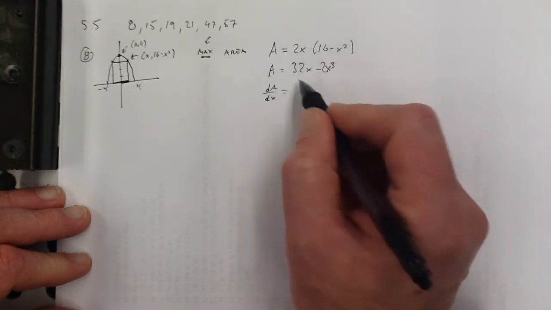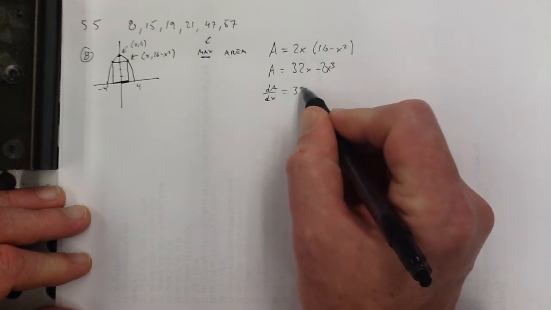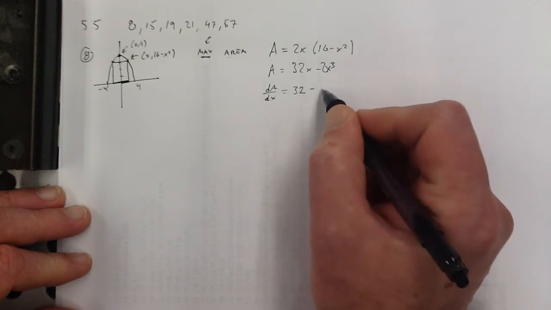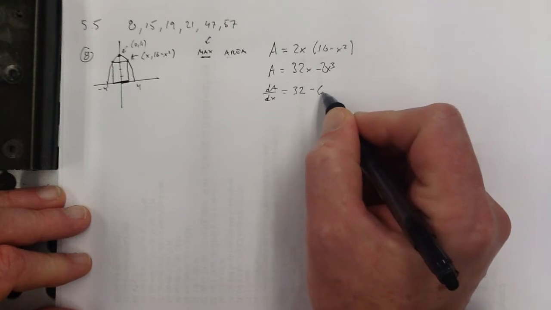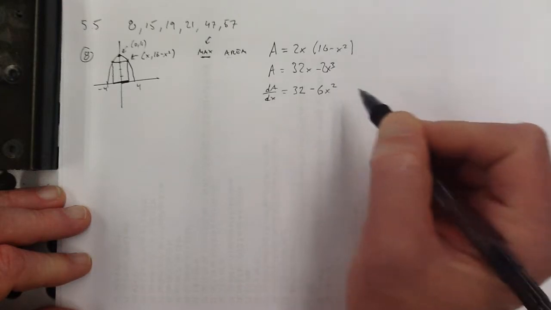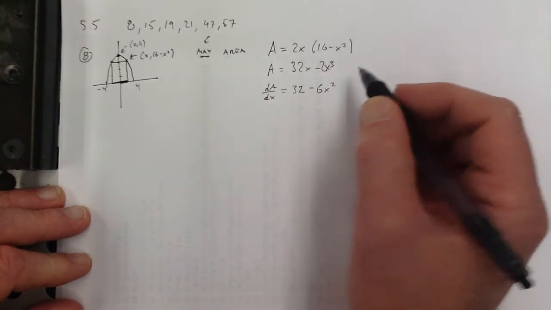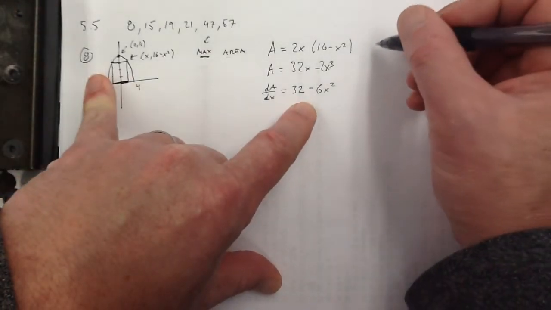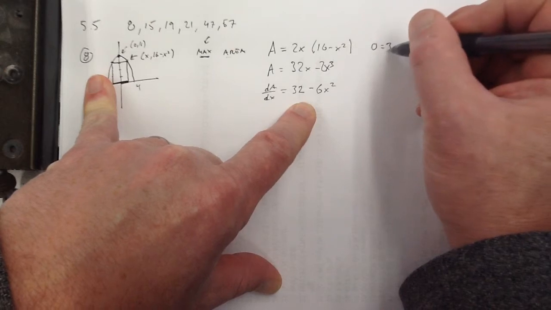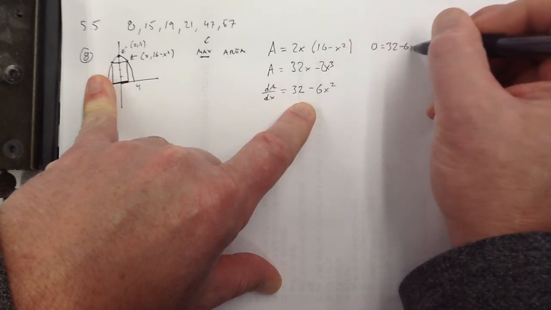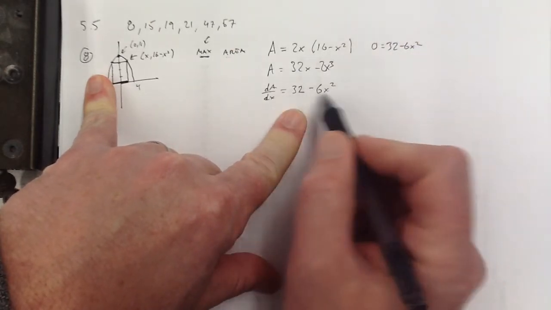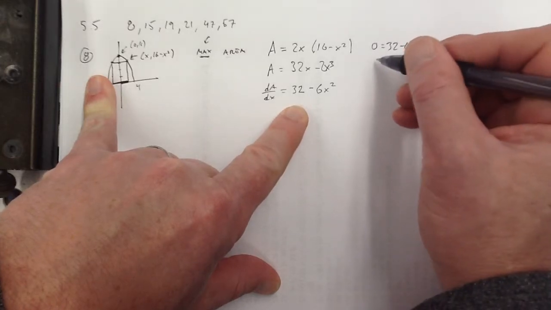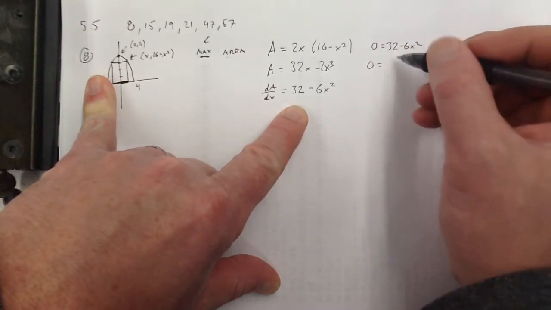And I'm going to use some pretty simple derivative rules here. And I'm looking for maximum or minimum, so I'm going to set that equal to 0. Anywhere where this is 0 or undefined. Of course, this is not undefined anywhere, so I'm not going to find that kind of critical point.